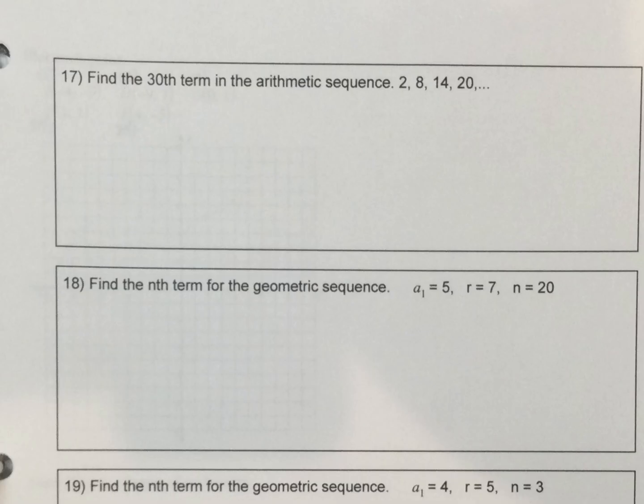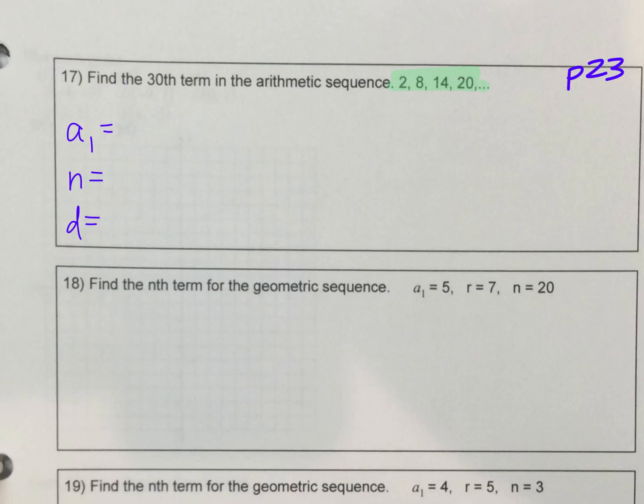We're going to do the same thing on number 17 on page 23. We just have a little bit of a problem because I'm not giving you as much information. You're going to have to figure out your a1. That's not a 1. Your n and your d. So a1 is the first term. Here's my numbers.